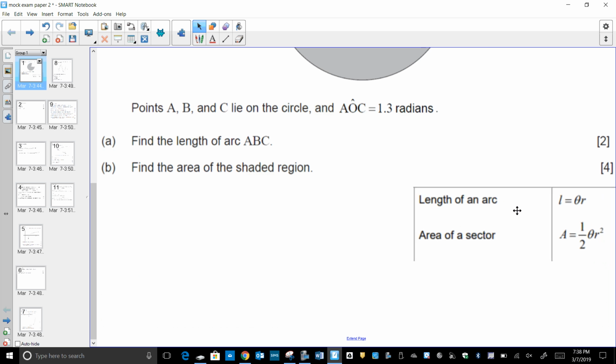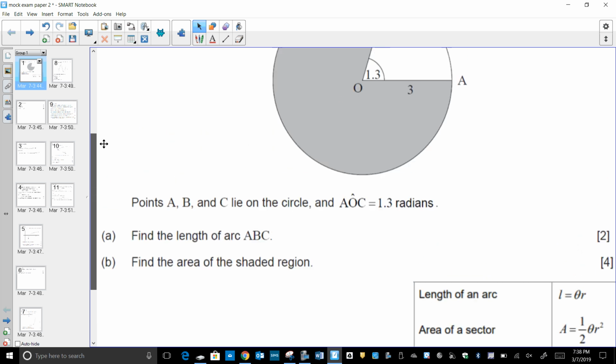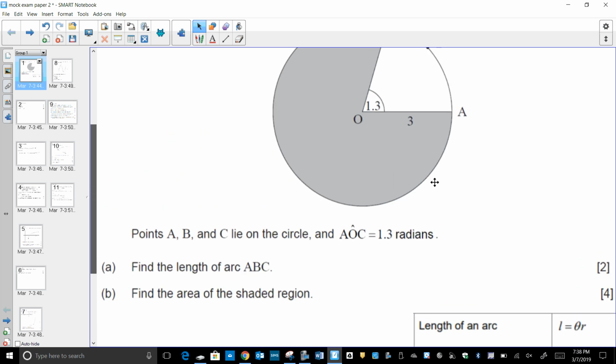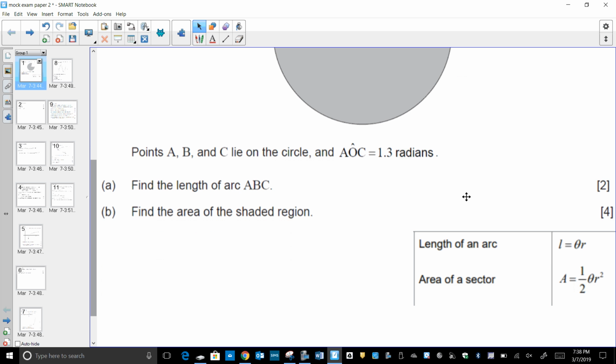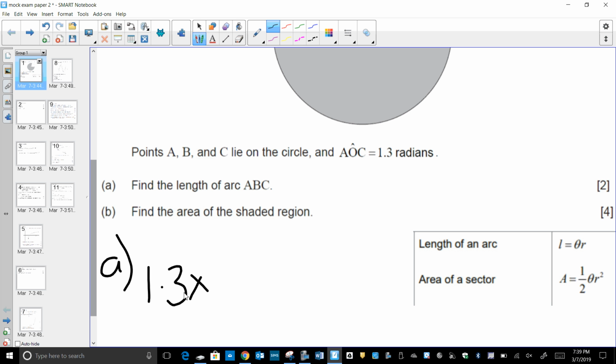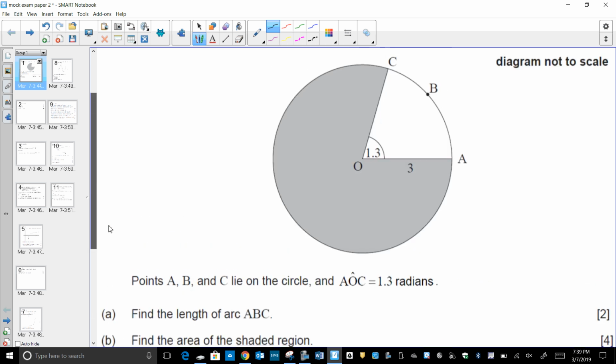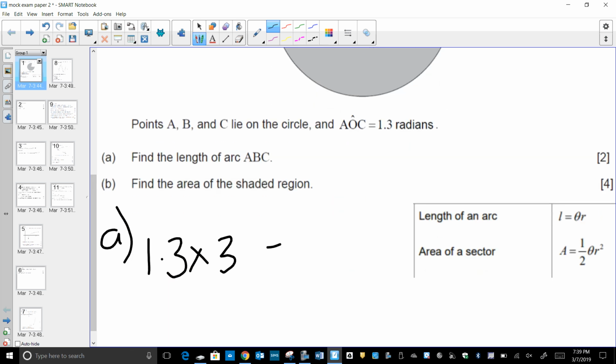Okay, so length of an arc is L equals theta times R, and theta, remember, has to be in radians. The angle is in radians, so L is going to be 1.3 multiplied by the radius, which is 3, which is 3.9.